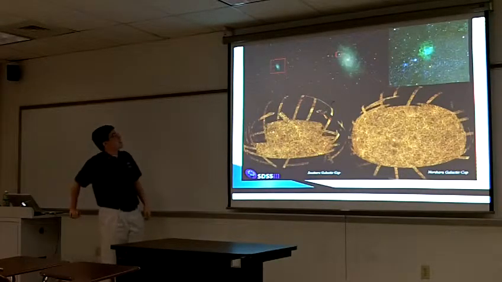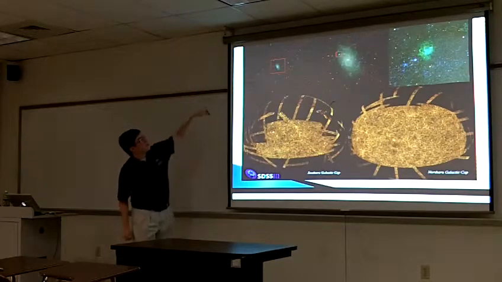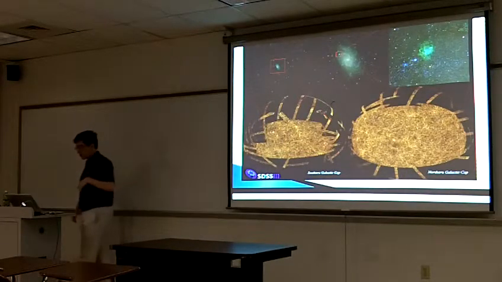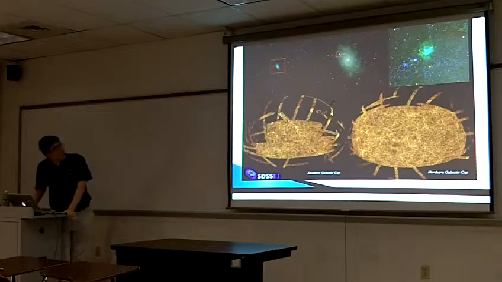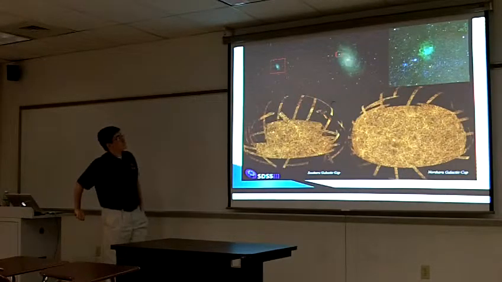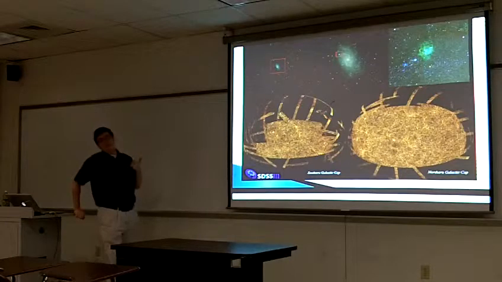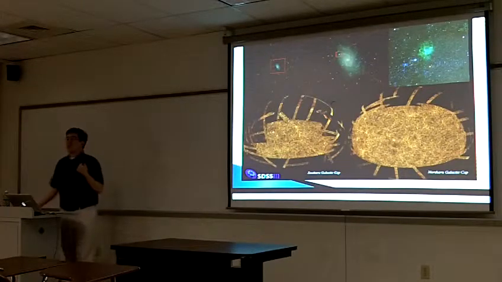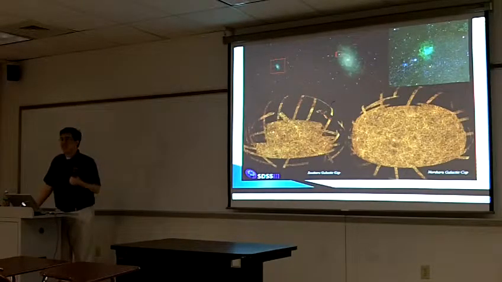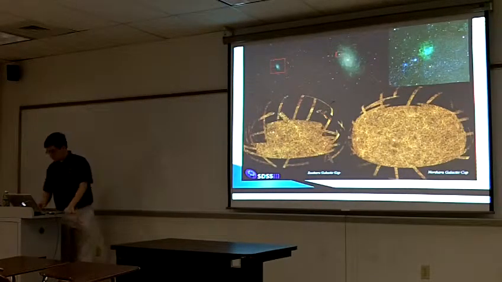And you can see the resolution of this survey by seeing a zoomed-in picture of M33, and I believe it's a star-forming region, NGC 694, all the way on the right. So this survey has a very good resolution for such a large-scale thing. Normally you expect poor resolution for some kind of wide area survey.